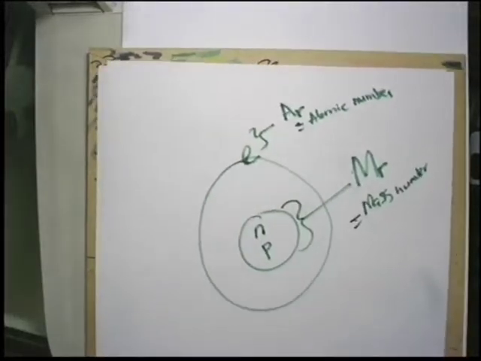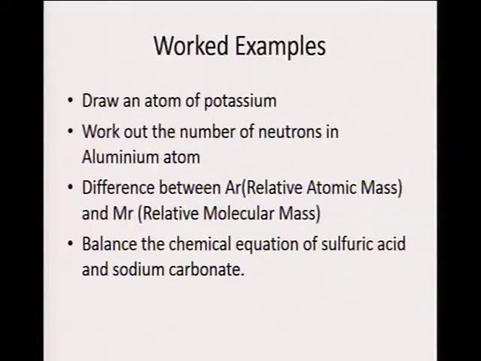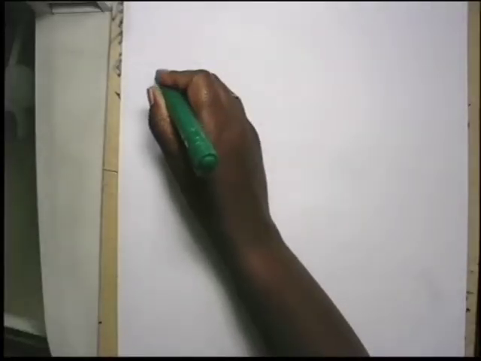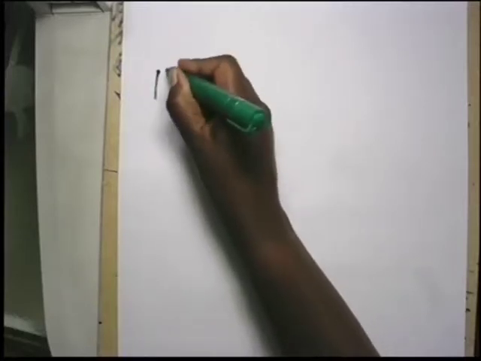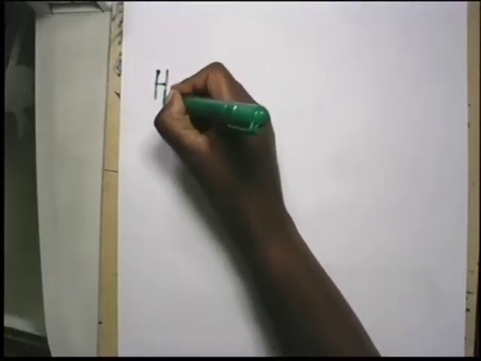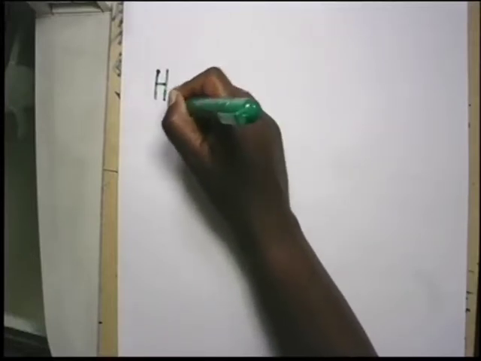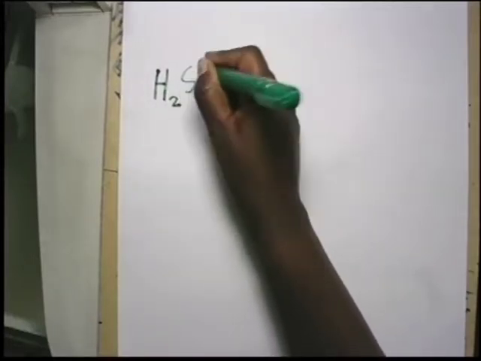Now the next worked example is to balance the chemical equation of sulfuric acid and sodium carbonate. Now let's look at how we can balance this equation. Let's say we have sulfuric acid. The chemical formula for sulfuric acid, as with all acids, must have H, so we have H2SO4.